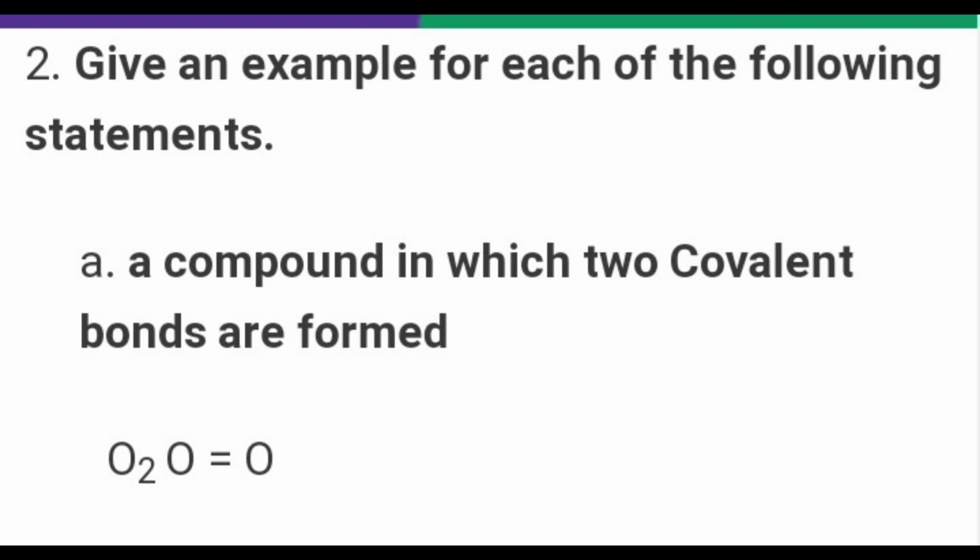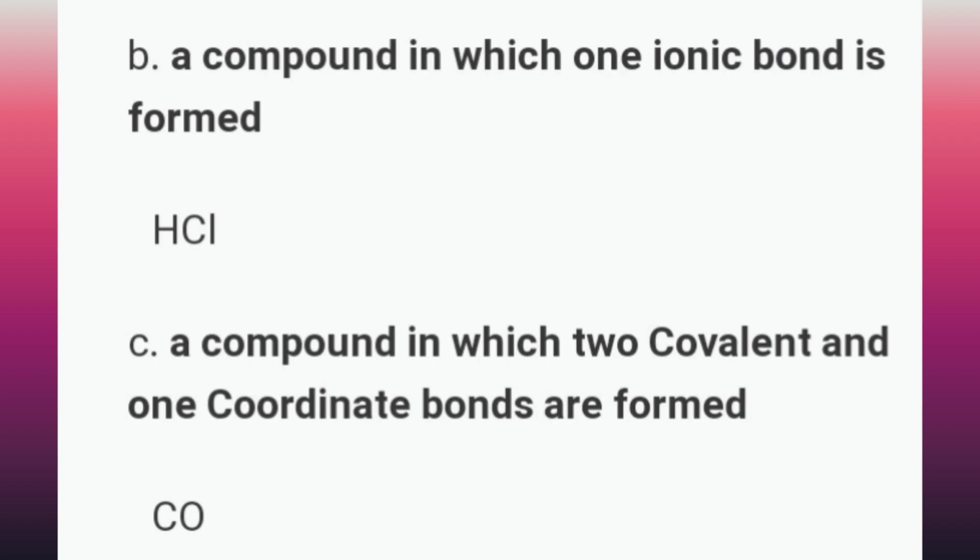Second question, give an example for each of the following statements. Option A, a compound in which two covalent bonds are formed. Answer, O=O. Option B, a compound in which one ionic bond is formed. Answer, HCl.